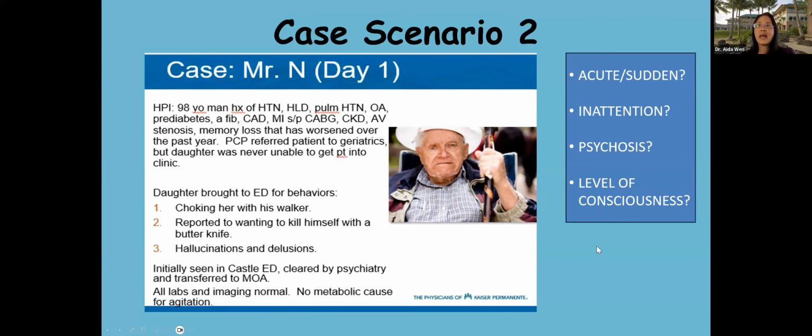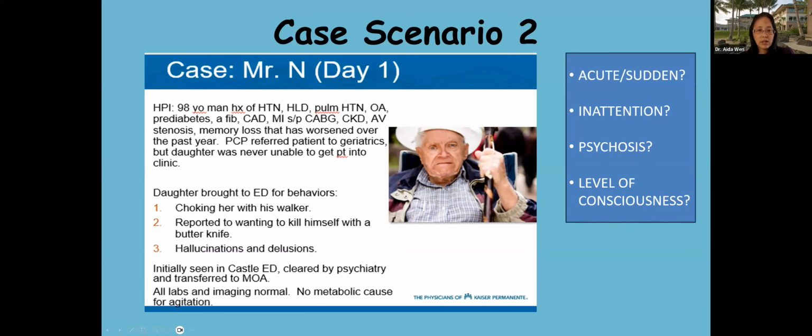Let's take a look at those CAM criteria. Is it acute and sudden? Not from what we see here. It seems like this is chronic. It's been going on for a while. It's just been getting more and more out of hand. He doesn't have any notice here about having difficulty with paying attention. He's able to communicate. He definitely has psychosis because of the hallucinations and delusions, but he's not having sleep-wake disturbances or fluctuations that we see here.